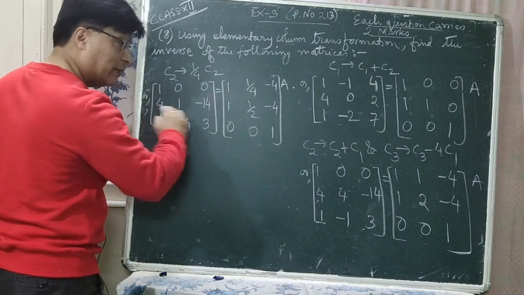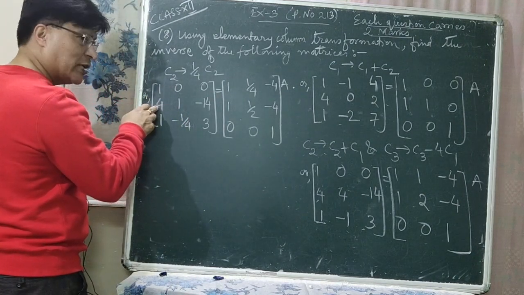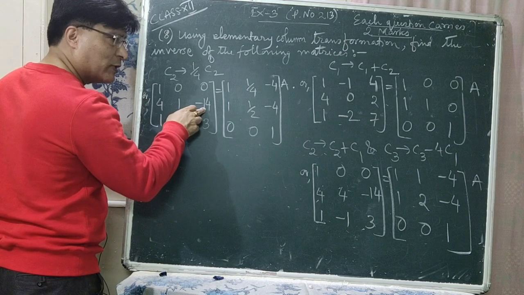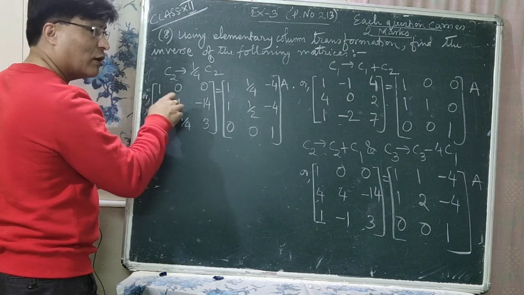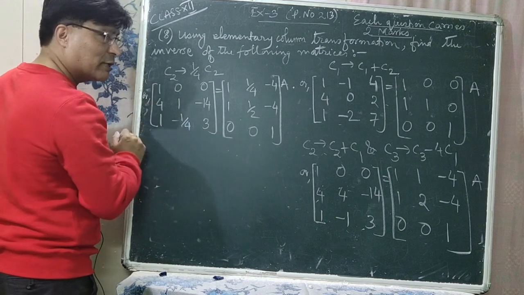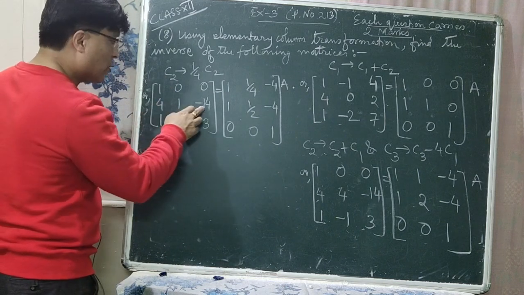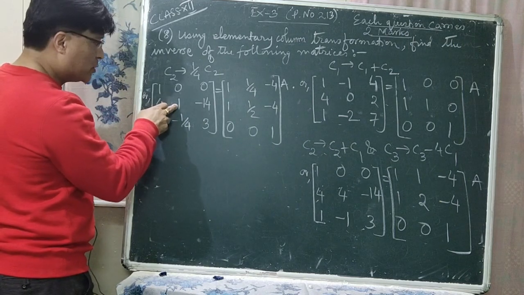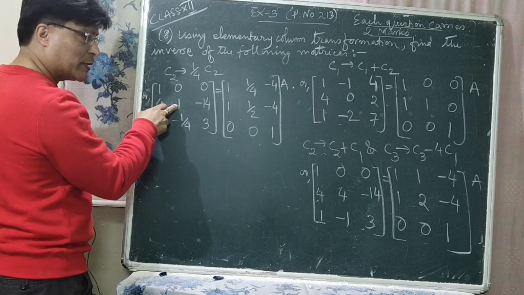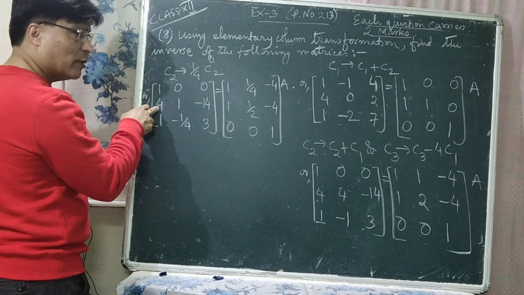Now horizontally, you should make this 4 zero and you should make this minus 14 zero using column properties, using properties in terms of column. Right? So how can you make this minus 14 and 4 zero? Since this is 1 here, this one should be multiplied by 4 and it should be subtracted from column 1 so that this 4 will be 0.